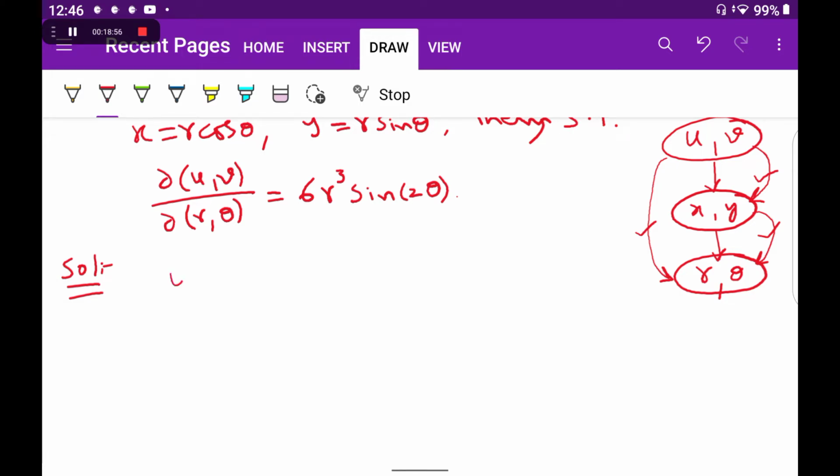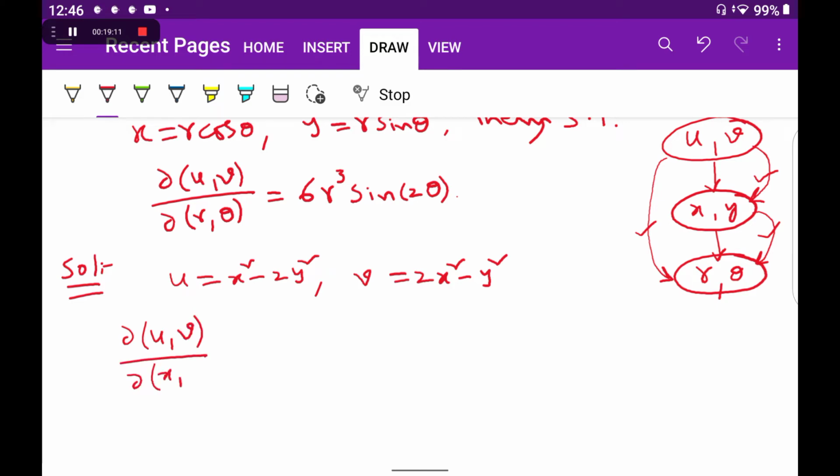Here u is x square minus 2y square, v is 2x square minus y square. So dou uv by dou xy becomes dou u by dou x. That means we have to differentiate u with respect to x.